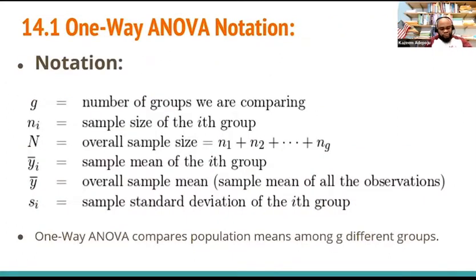Now, we have different types of analysis of variance. Okay, we're going to start with one-way analysis of variance. What do we mean by that? In the one-way analysis of variance, we're focusing on one categorical factor, but this categorical factor has 3 levels.